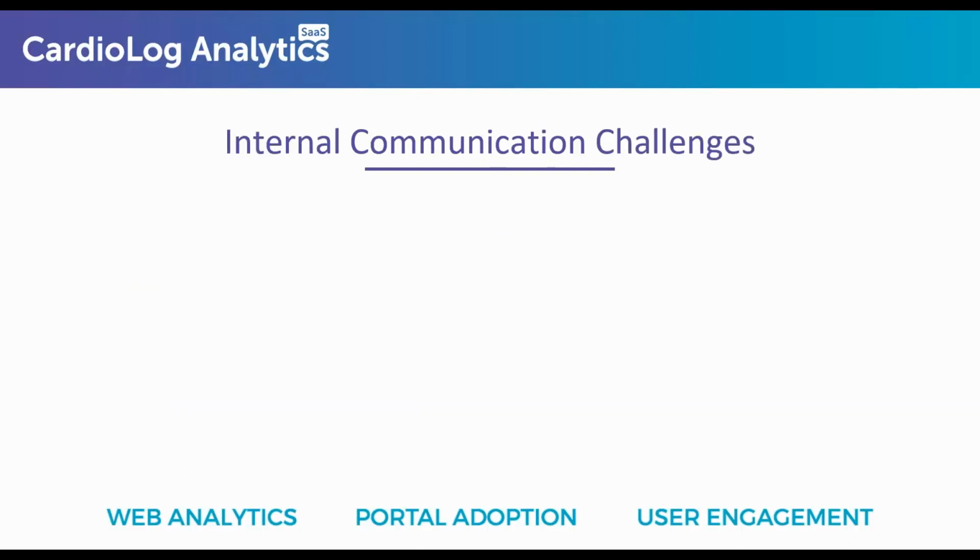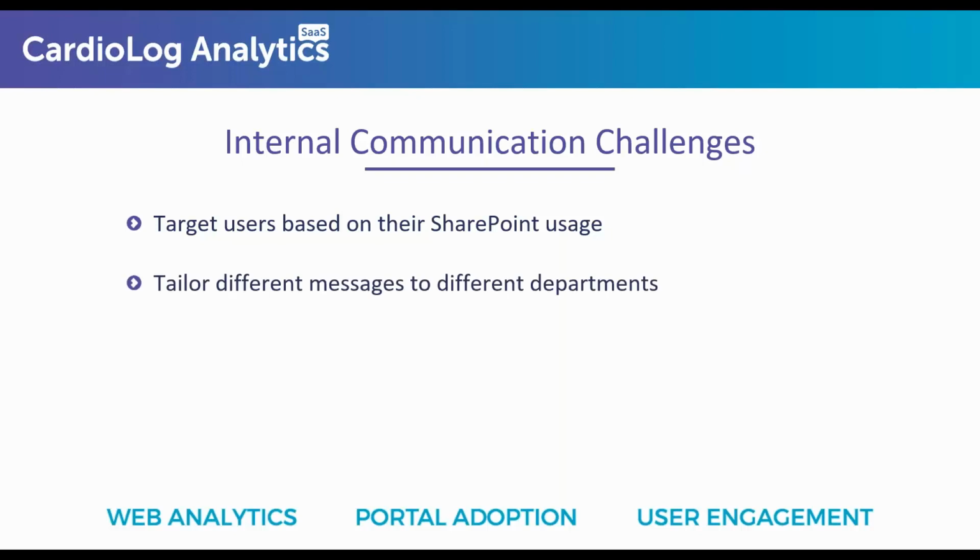Here are some common internal communication challenges we've heard from our clients. How do you tailor your internal communication campaigns based on your users' behavior? How do you send different messages to your leaders and laggards in SharePoint adoption? We're having trouble getting different messages to different departments. How can you easily send your sales, HR, IT, and finance teams different campaigns with messages tailored to them?